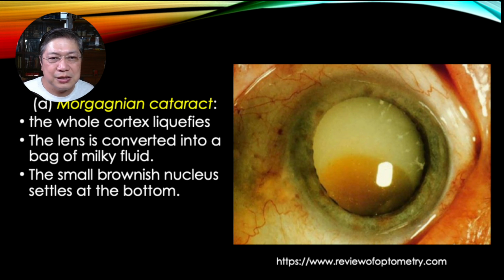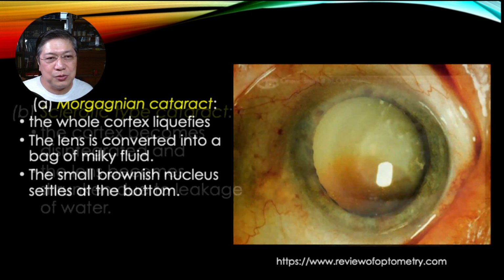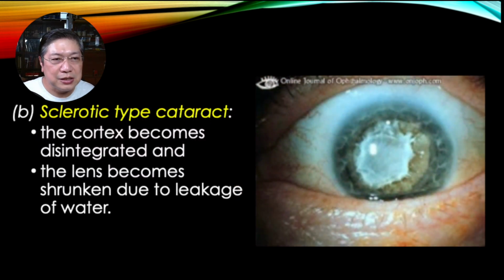Now, let's say you still ignored it even at this stage. You left it untreated. The patient says, I don't have access anyway, so I cannot have it treated. It becomes a sclerotic type of cataract, meaning the fluid in the cortex leaked out and left the nucleus there.